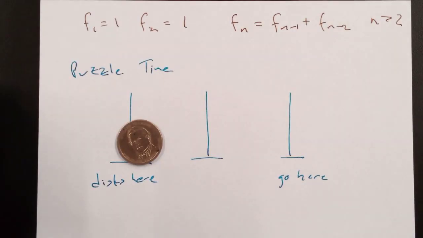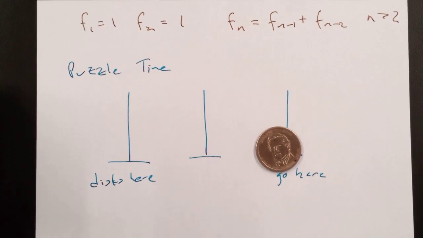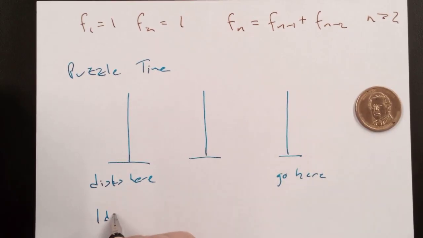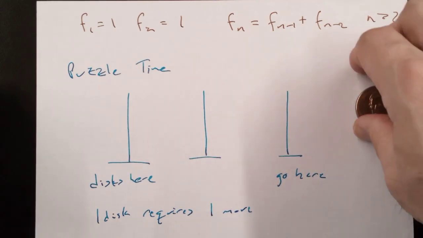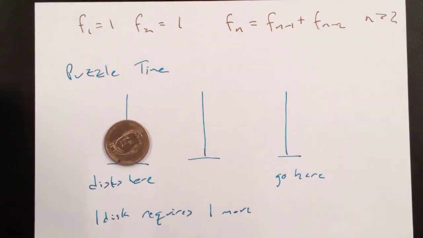If I have 1 disc, how many moves does it take? Piece of cake, right? Now, the unfortunate thing is that I forgot I was going to do this puzzle today, and I only have two discs that are the same size.